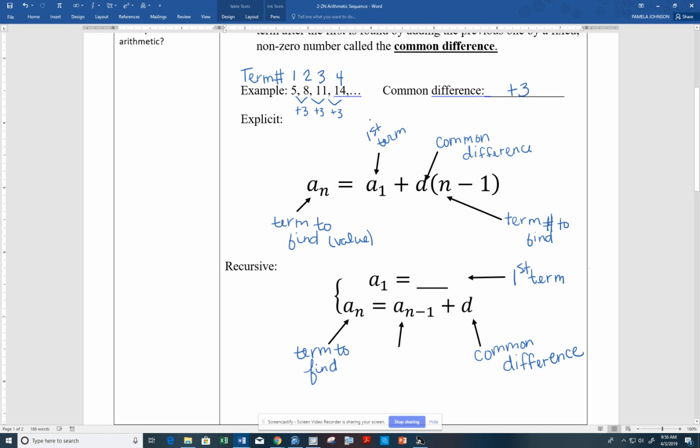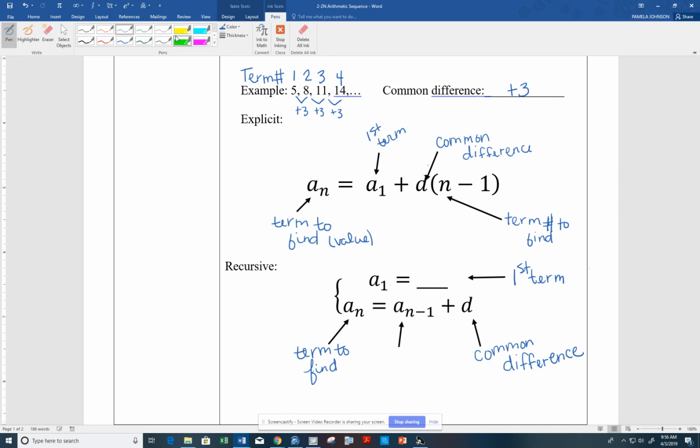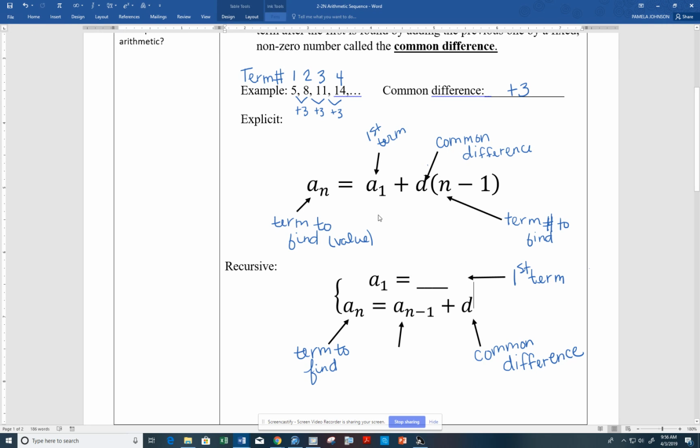If we look at our example up here with the 5, 8, 11, 14 sequence, our first term is 5. This is our a sub 1. So if I put this into my explicit formula, it's going to be a sub n equals 5, and then our common difference is 3, so plus 3, times n minus 1.